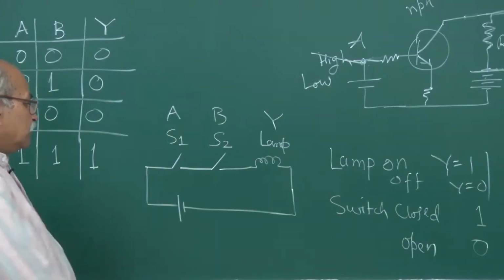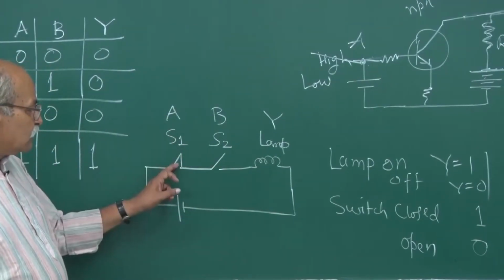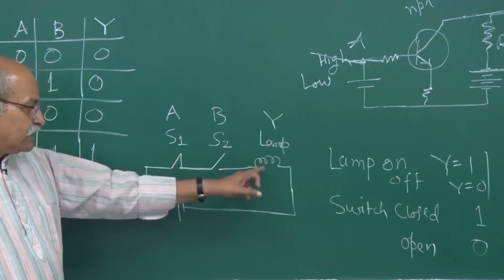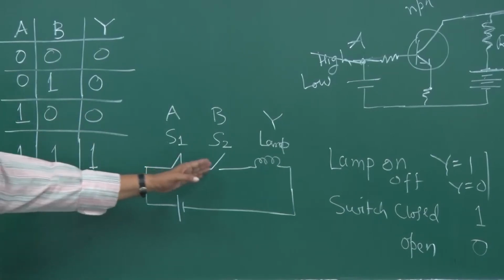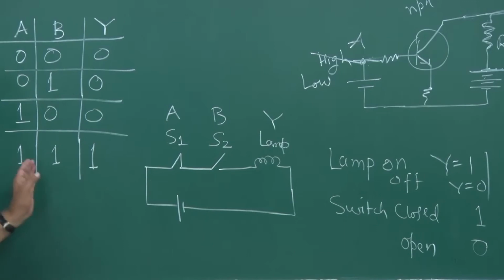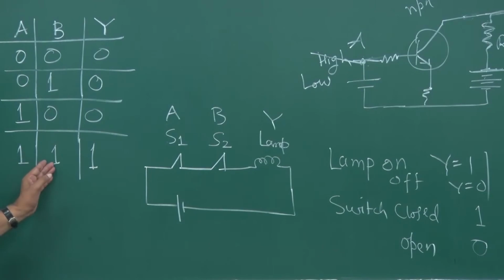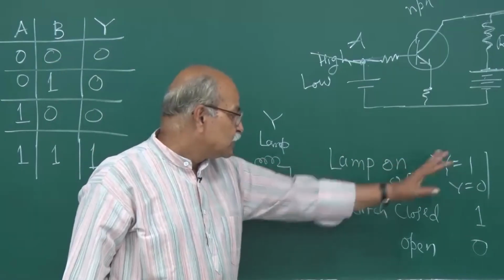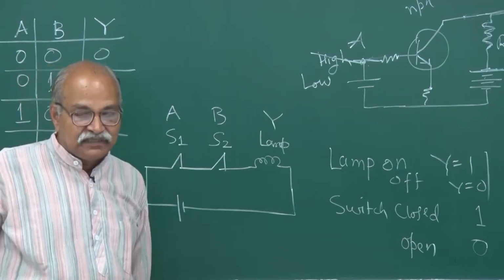If one switch is closed and the other is open, so A is 1 and B is 0, there is no current in the circuit, the lamp is off, and therefore Y is equal to 0. If this is open and that is closed, the same story. And if both switches are closed, A is 1 and B is 1, then the lamp glows, and we say that Y is 1. So 1 and 1 is 1. This is the meaning of AND.